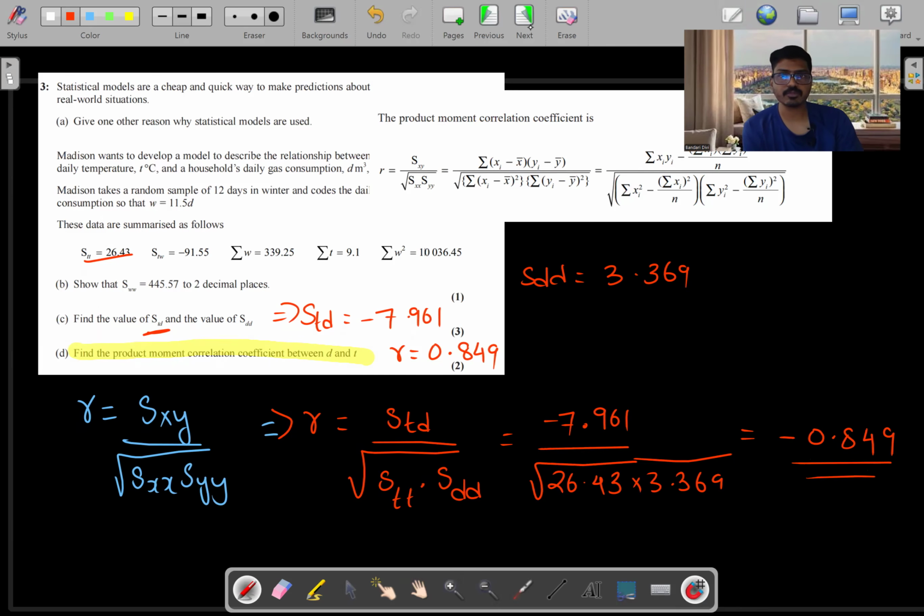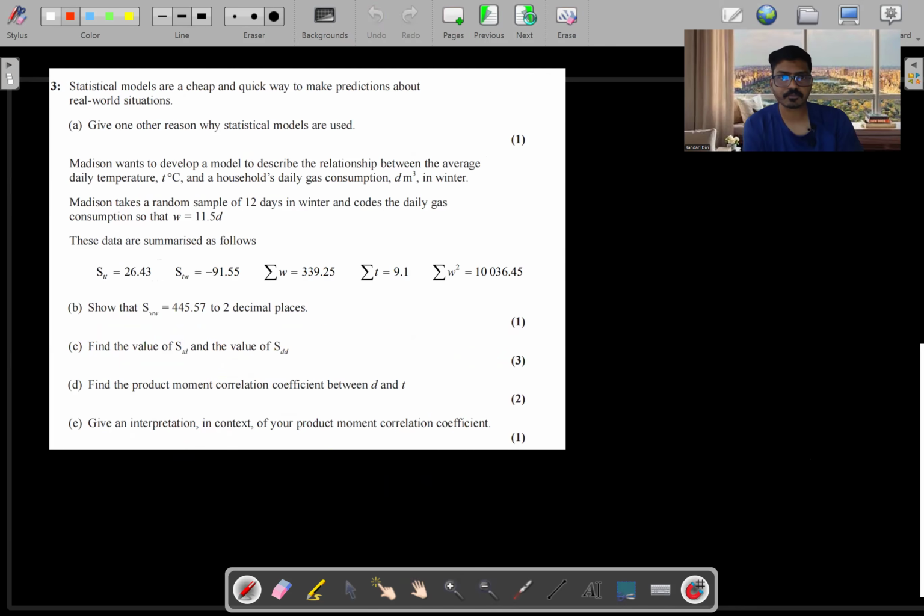Let's move on to the next part, E. First let us read the question. Give an interpretation in context of your product moment correlation coefficient.